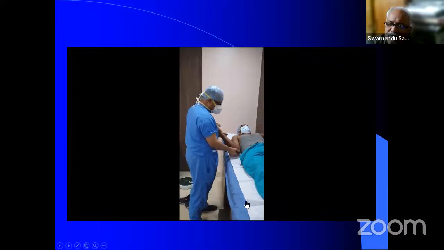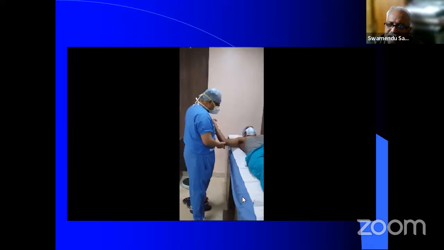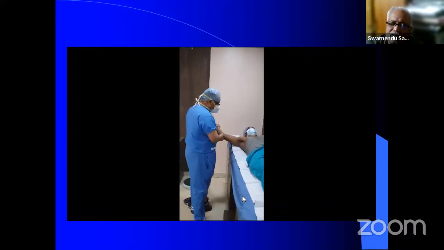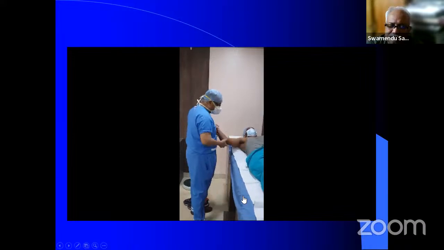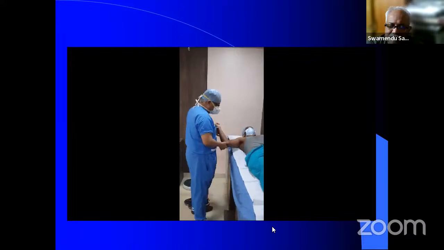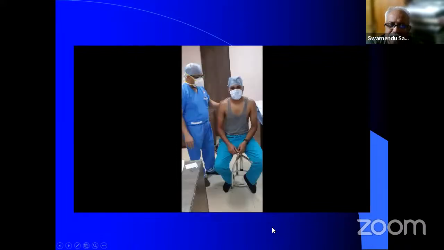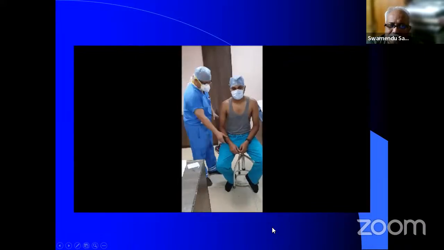You are not intending to dislocate the shoulder. So it can be tested in the sitting position, in 30°, 60°, and also in 90° of external rotation. This 30 to 60° is known as the mid-range instability. This can also be tested.